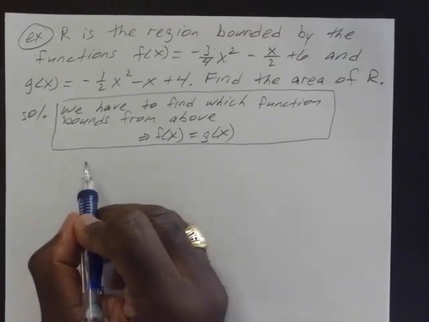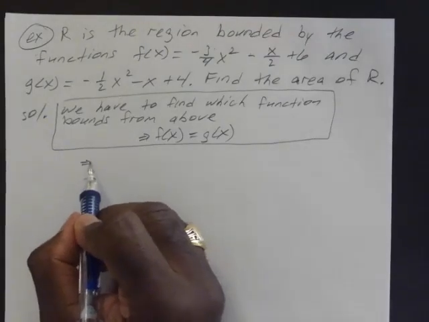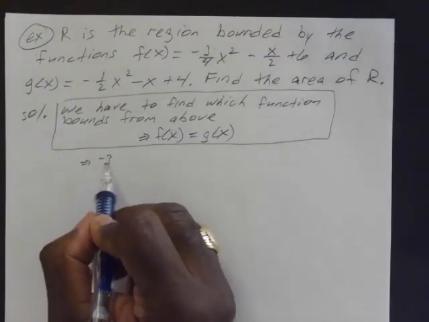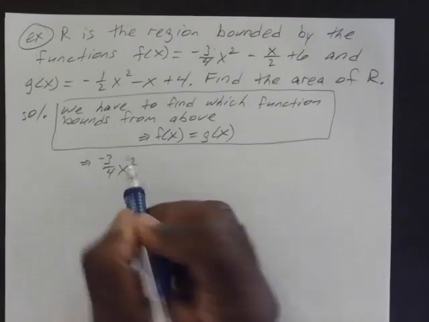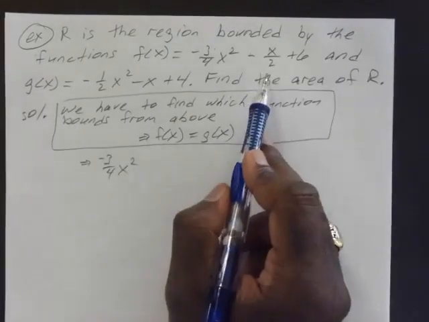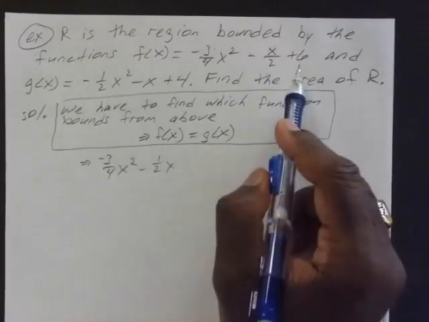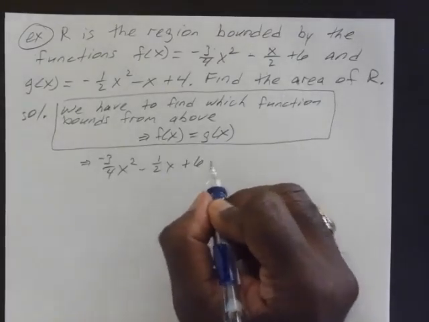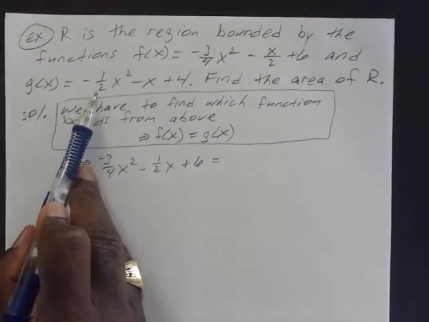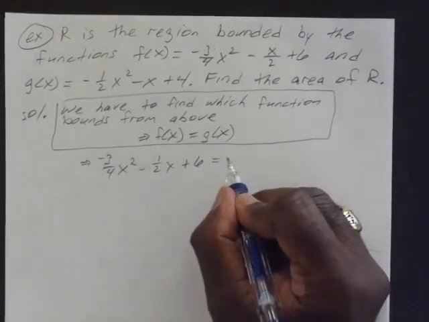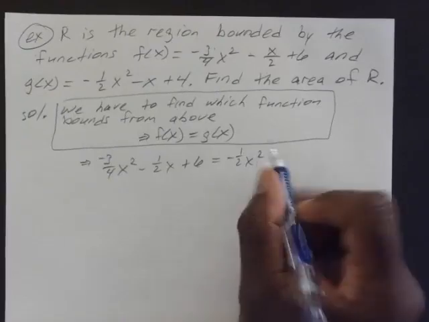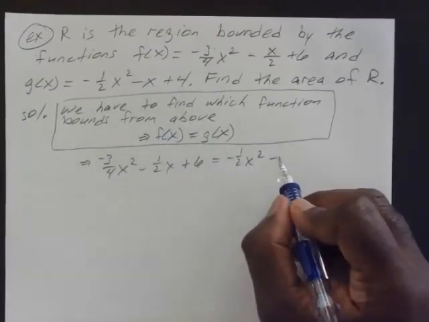Okay, so that means we have negative 3/4 x squared minus 1/2 x plus 6 is equal to negative 1/2 x squared minus x plus 4.